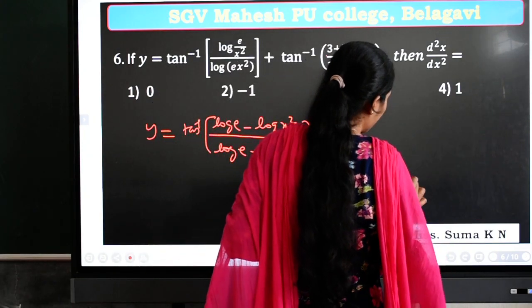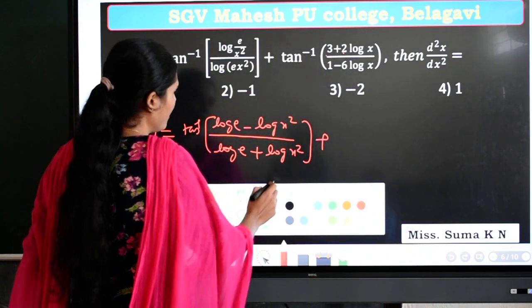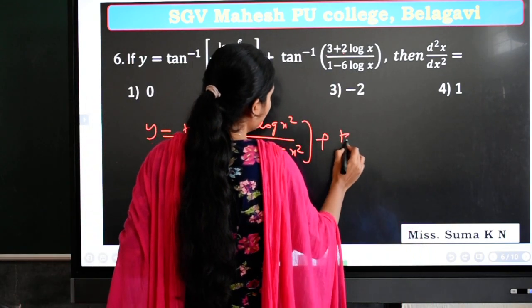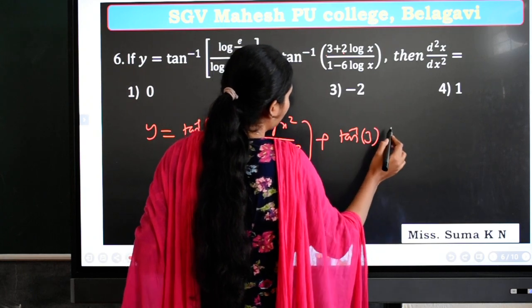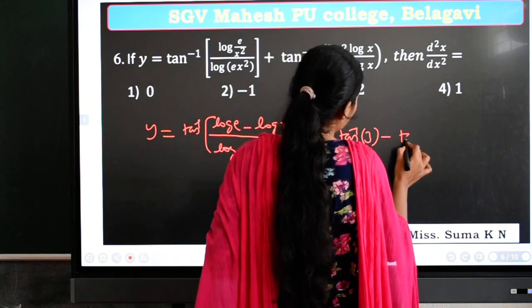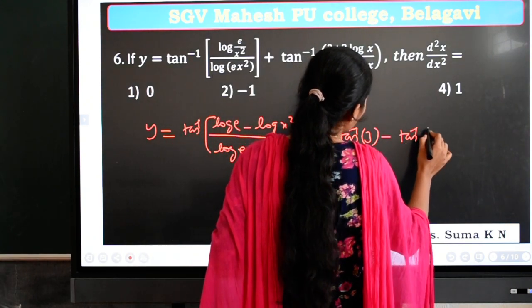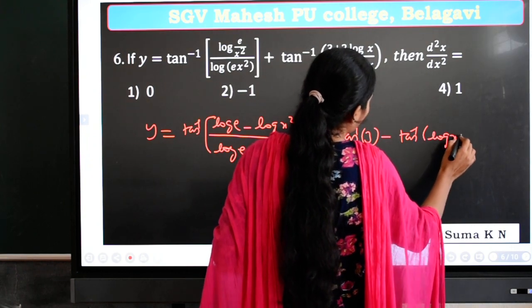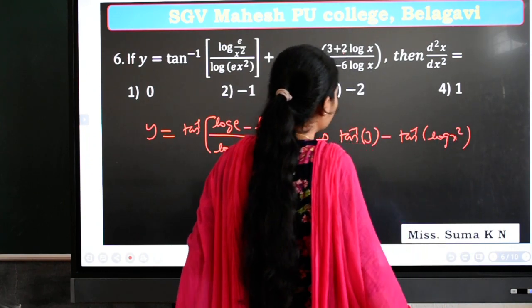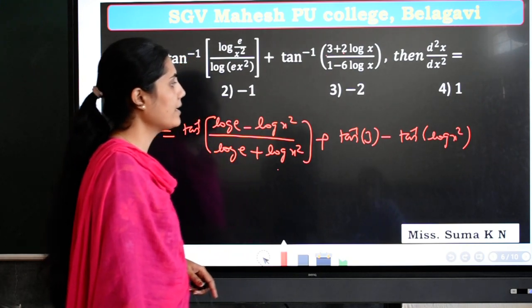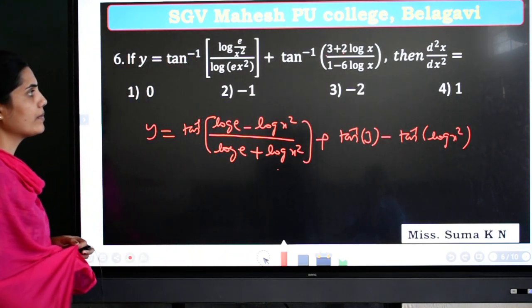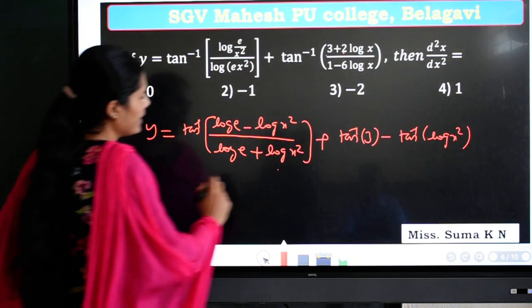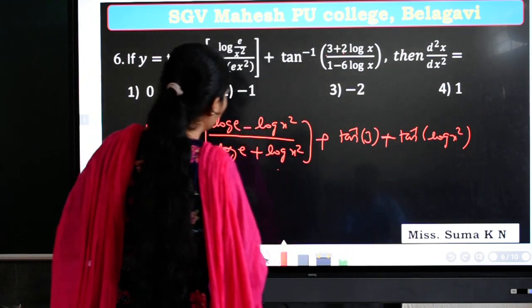After writing these steps, directly see here what you will get. I will write this as tan inverse of 3 minus tan inverse of log x square. Why? Because tan inverse of x minus tan inverse of y is tan inverse of x plus y divided by 1 minus xy. Sorry, here plus you will get.